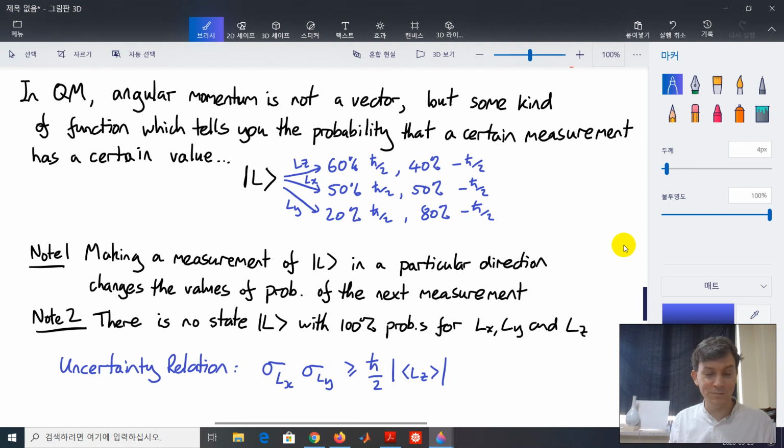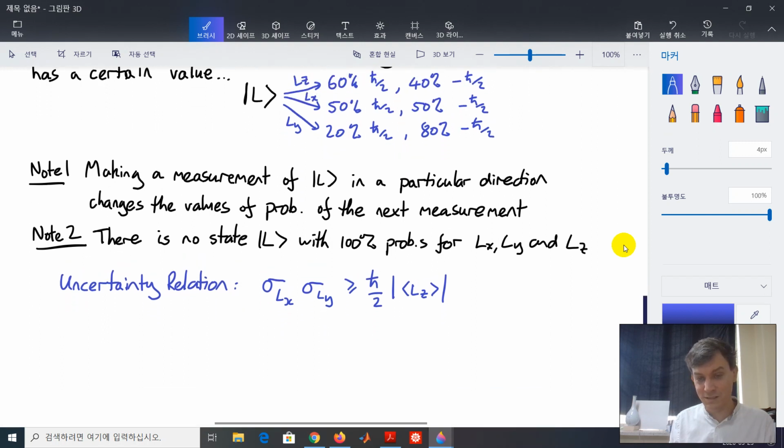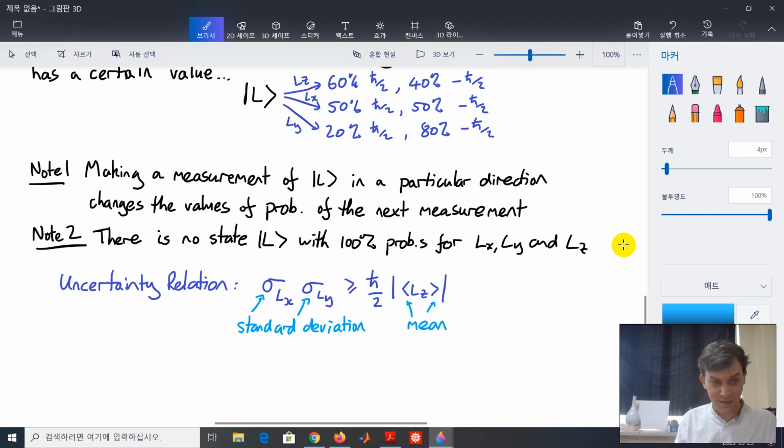Okay, so this is the formula, and what these symbols are here. So these sigmas denote standard deviation. And these angular brackets here denote taking the mean or expectation of a quantity, and they are defined as follows.